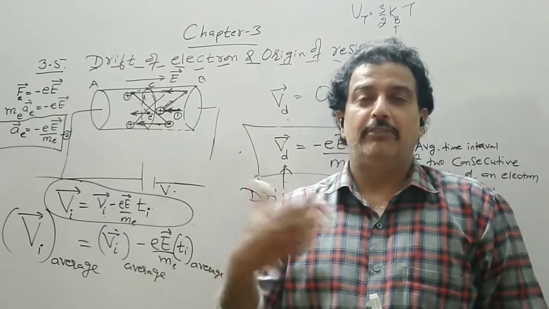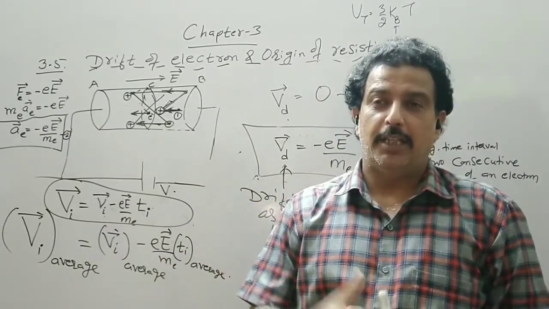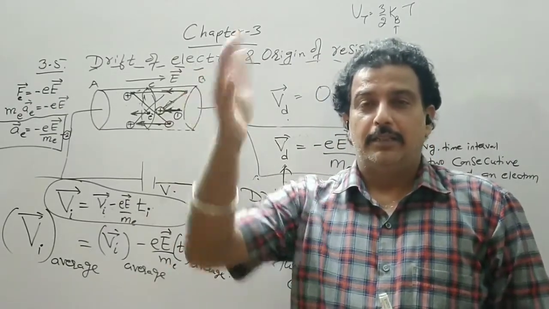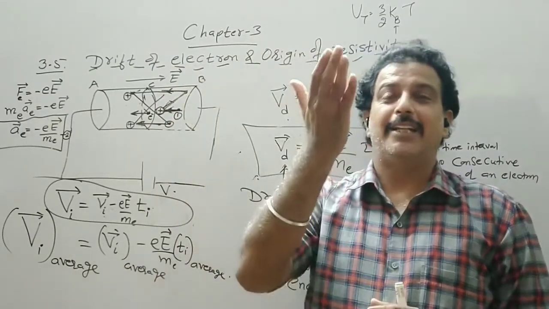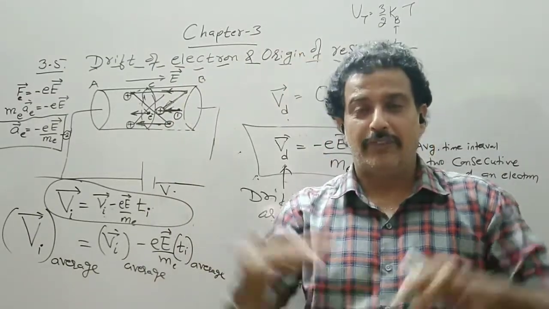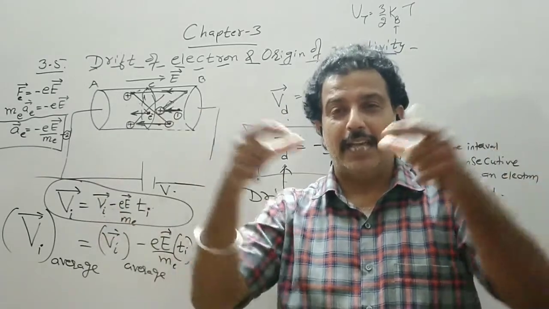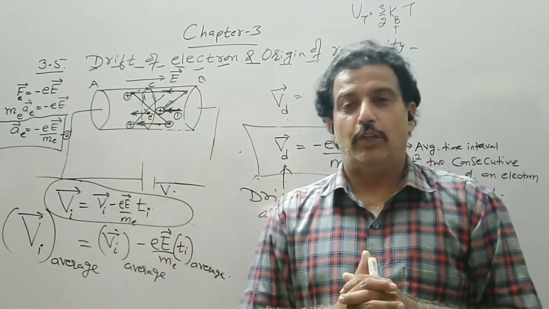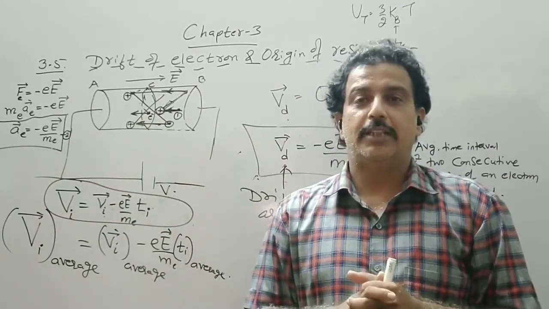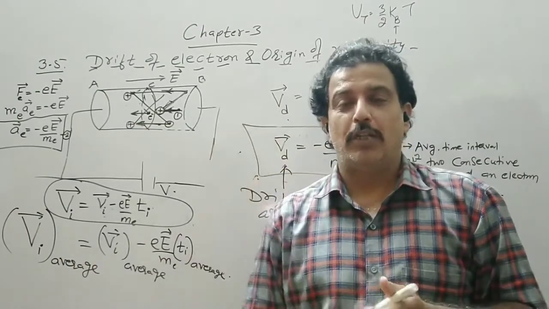Their velocity will keep on changing. It accelerates, then becomes zero, again accelerates, becomes zero. If I stop the journey, then I take the average of these velocities, which is called the drift velocity for that particular electron.